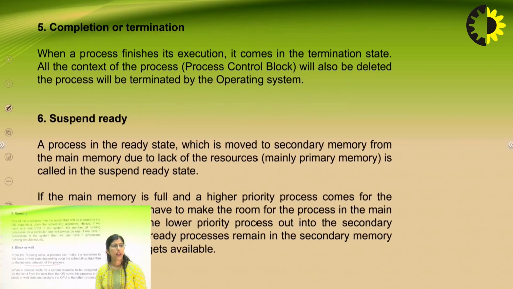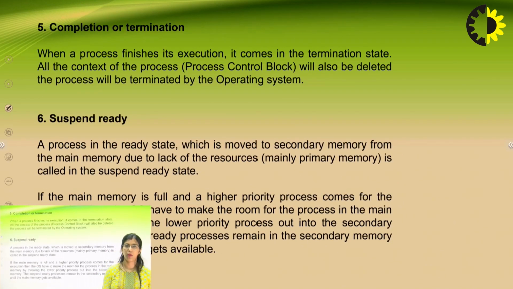So here, if the main memory is full and a higher priority process comes for execution, then the OS has to make room for the process in the main memory by throwing the lower priority process out to the secondary memory. The suspend ready process remains in secondary memory until the main memory gets available. Until the ready queue gets available, the process resides in secondary memory.